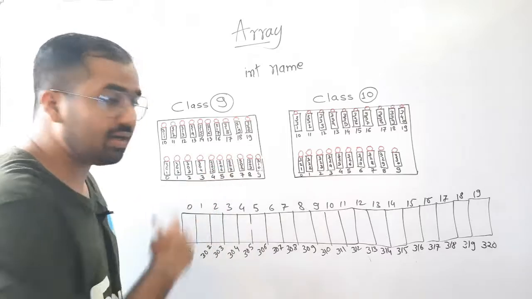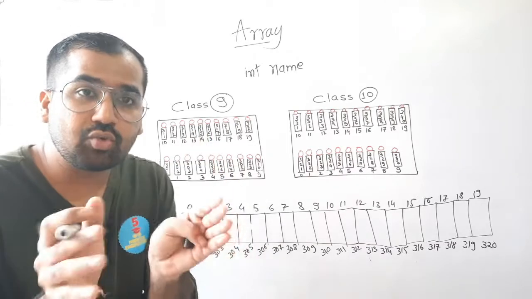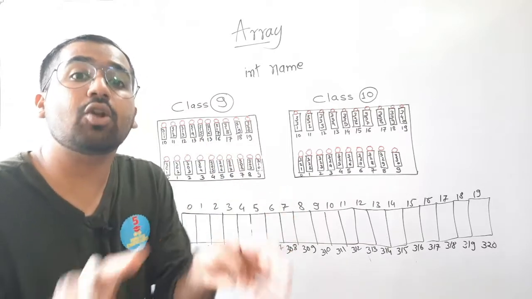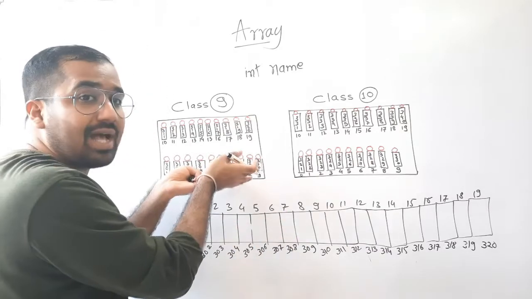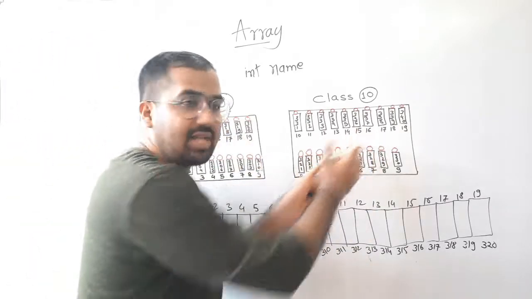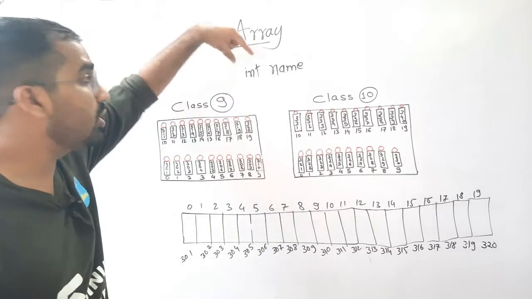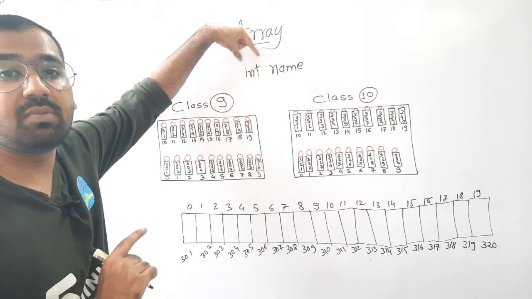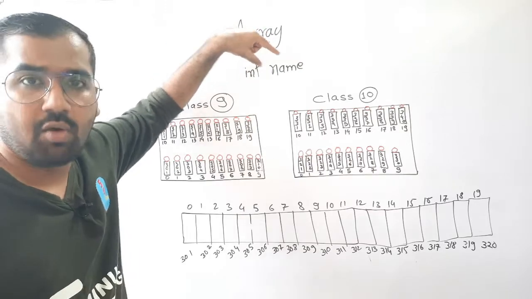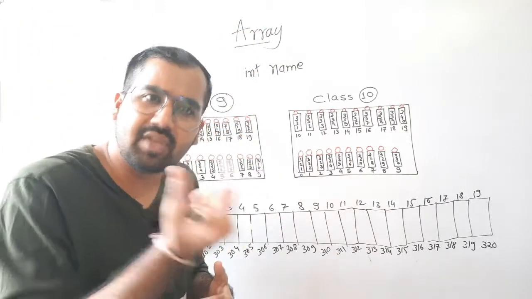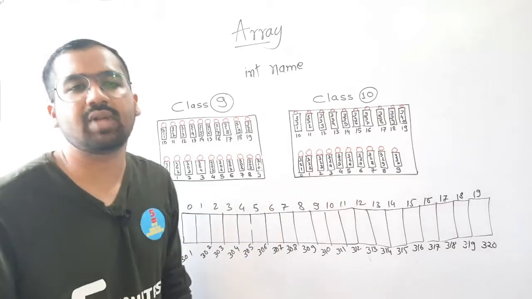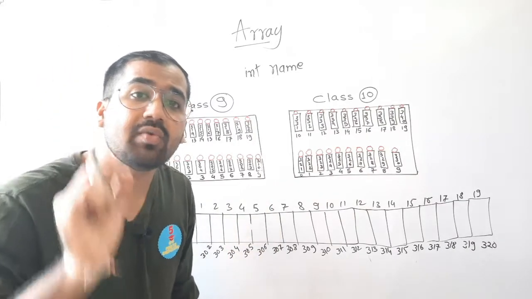The first thing that we learned about this example is that the students are grouped based upon some similar or common thing, that is, they belong to a class, class 9, class 10, in which standard they are studying. Here also the similar thing is mentioned before the name, like the integer. Are they the same type? If they are the same type, yes, you can fill in the data into that array.